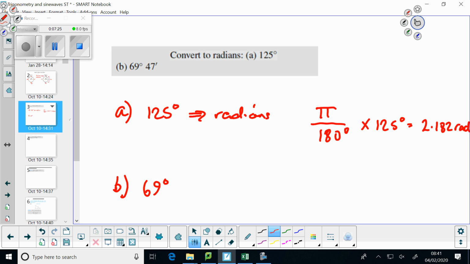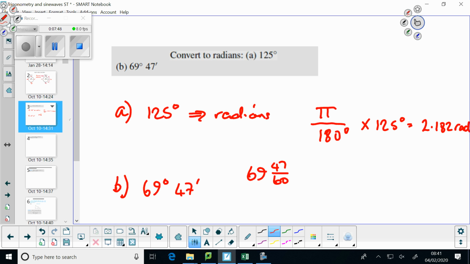Now take 69 degrees 47 minutes. That little symbol there is minutes. There are 60 minutes in a whole degree. So we can write that as 69 and 47 sixtieths degrees.